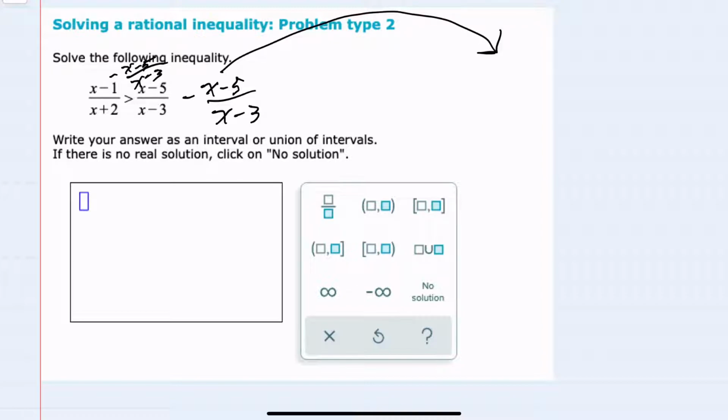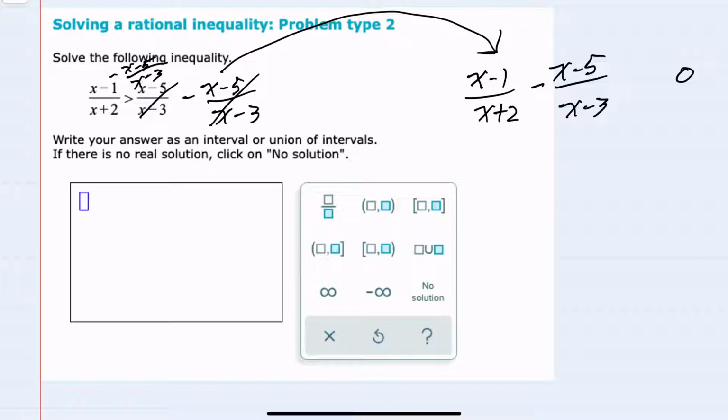This would give me on the left the original (x minus 1) over (x plus 2) minus (x minus 5) over (x minus 3). And now the right-hand side would just be 0. And since I'm just adding and subtracting, the direction of that inequality would stay the same.